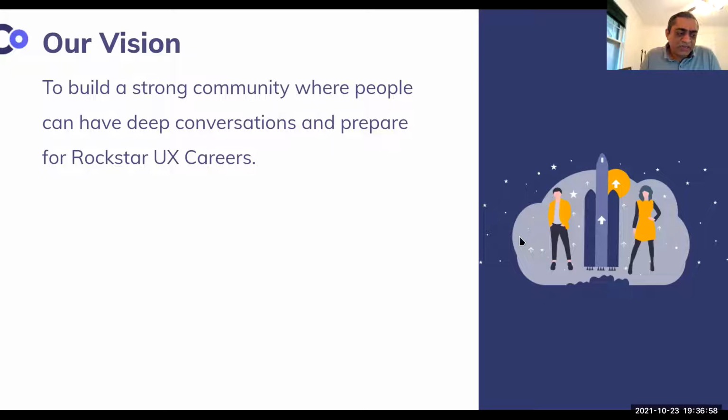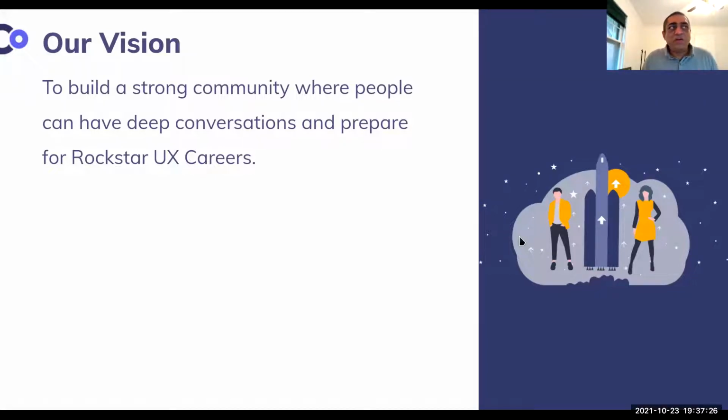And then the second aspect with the rockstar career is that there are lots of companies, lots of jobs. And our perspective is it's not about getting all the jobs that are out there. It's about going for the cream of the crop, the top jobs where you have mature design systems, where you can learn, where you're building products for billions of people, and you're thinking about changing the status quo. Those are the kinds of jobs that we're talking about.